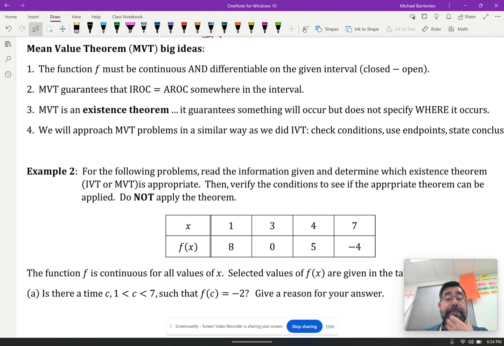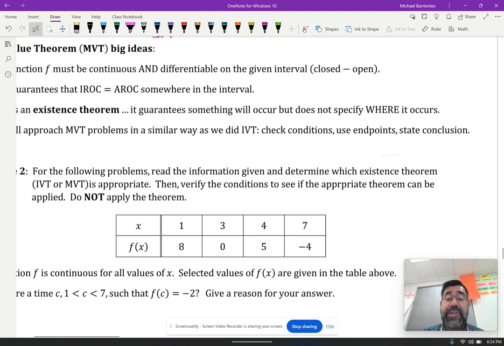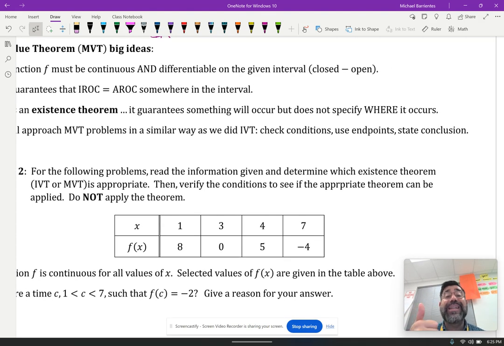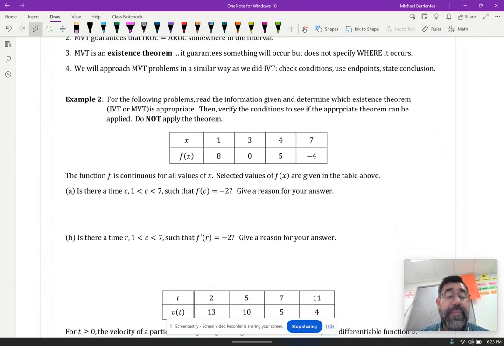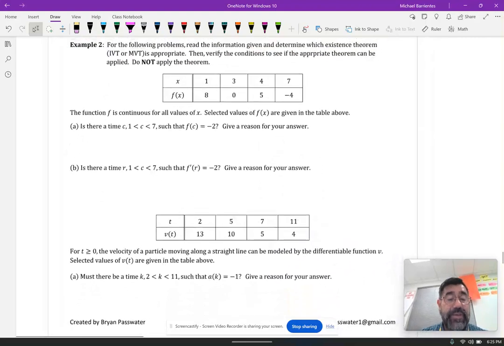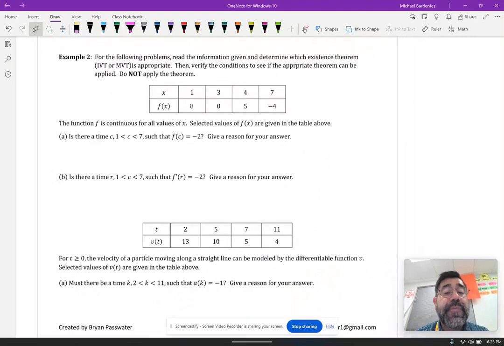And then finally, we're going to approach some mean value theorem problems very similar to the intermediate value theorem, where we have to check and state the conditions. We have to use the endpoints and then state the conclusion of what the theorem says. Before we get too far, we have a couple of problems on the bottom part of this page in example 2.